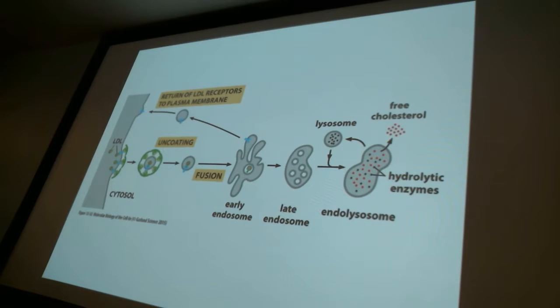So you have these intermediate stages that we call late endosomes, and then the digestive vacuole that contains the lysosomal enzymes. And so the LDL particle that is up to here, complexed with cholesterol, is degraded at this point. The cholesterol is released, while the receptor can be recycled back to the membrane.